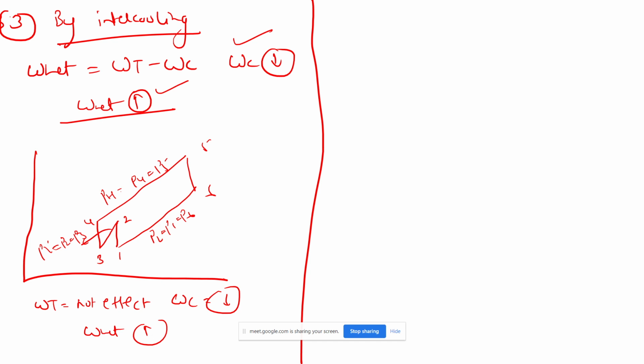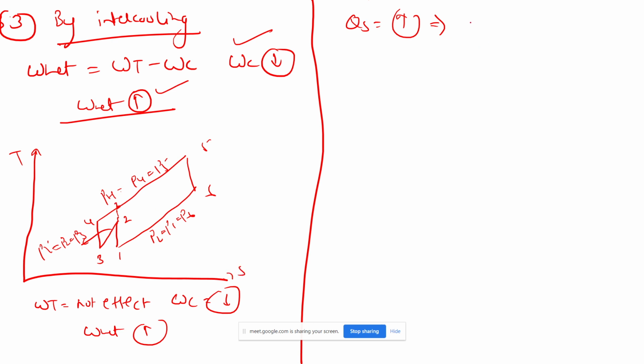What will be the effect on the heat addition? Can anyone tell? No, it will increase. Wait, I'll show you how it increases. Previously, if we take the simple Brayton cycle, previously this was 2.